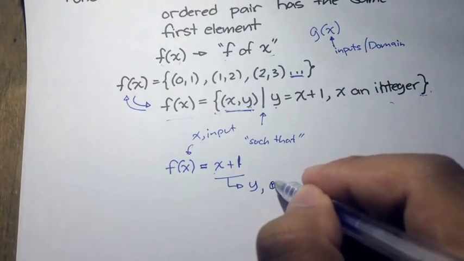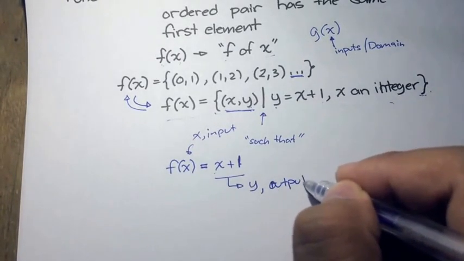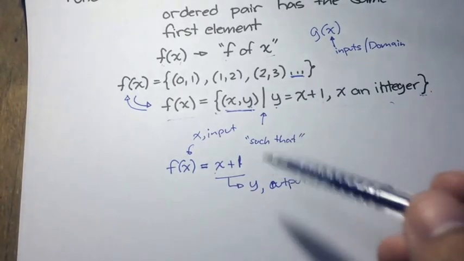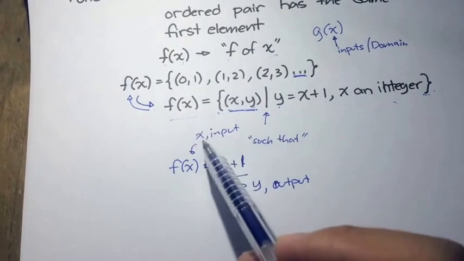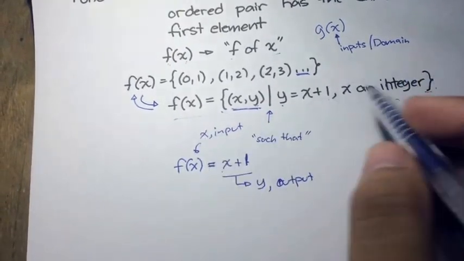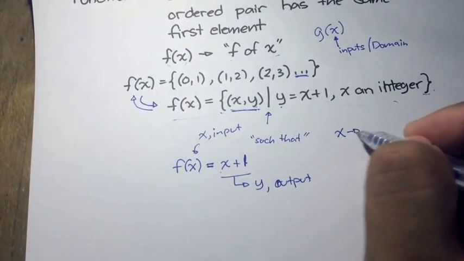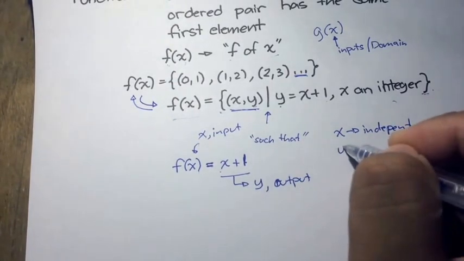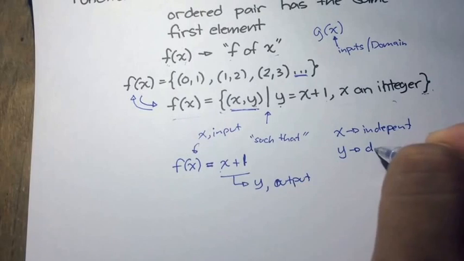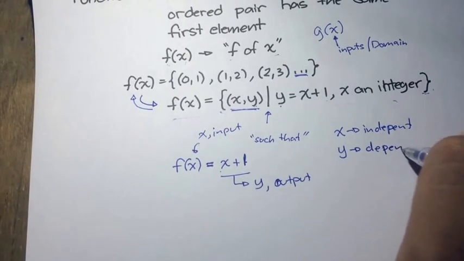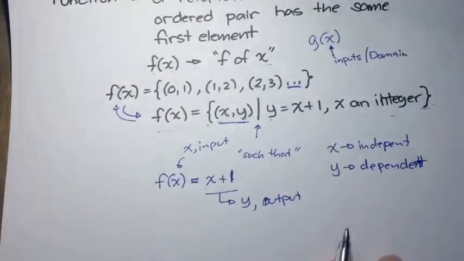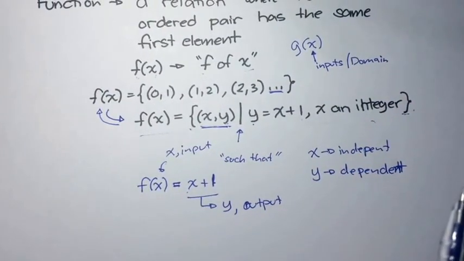Since a function is a relationship, we have a relationship between x and y. x is our independent variable, and y becomes our dependent variable. So that is the relationship between x and y.